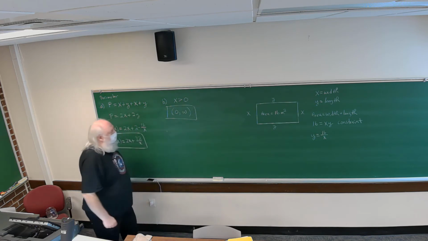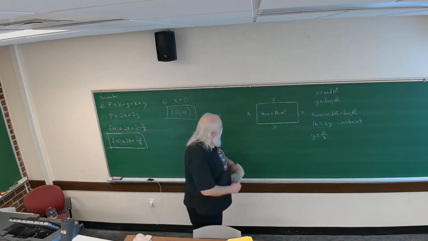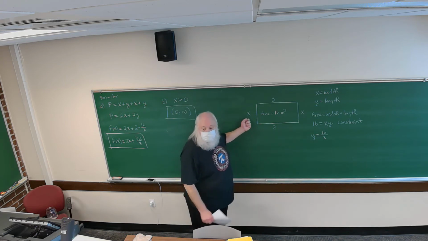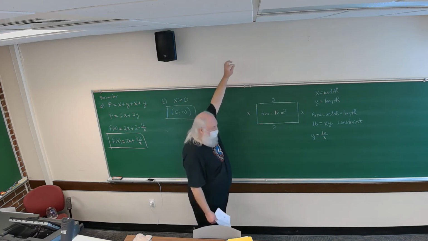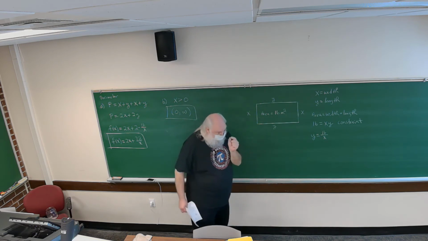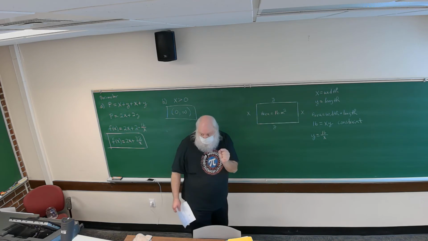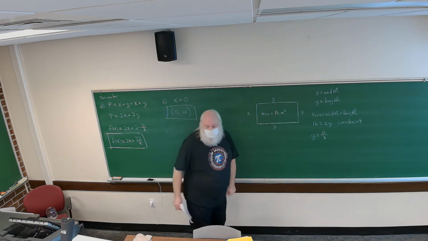Now that might seem silly, that x could be 1 trillion. But if x is 1 trillion, if the width is 1 trillion meters, then y is really, really small, and you still have width times length equal to 16.